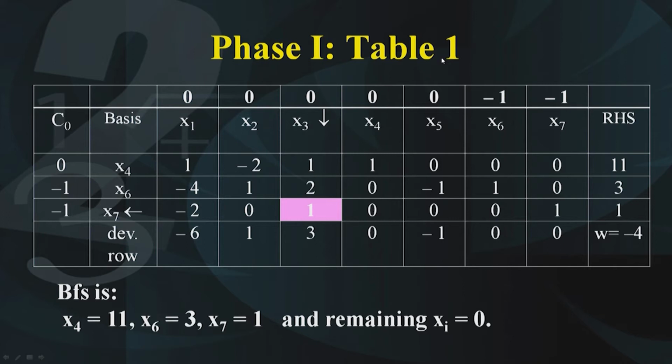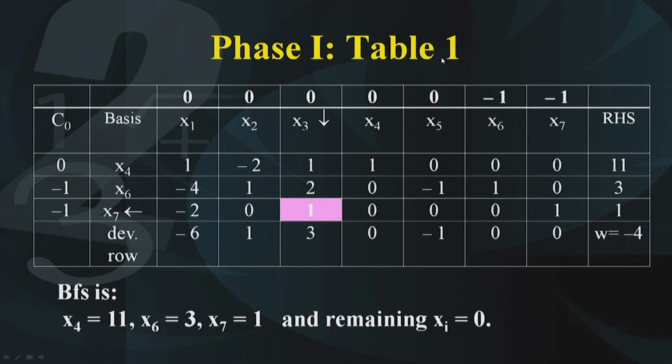Similarly, under the column x2 we write down the coefficients of x2, and similarly for x3, x4, x5, x6 and the right hand side. So, up till now all the entries are the same as those of the Big M method.